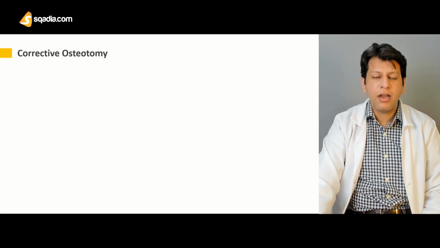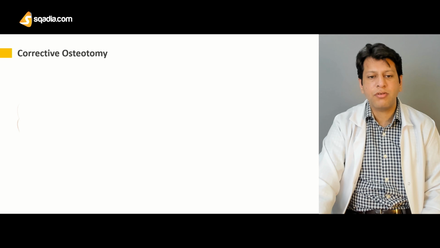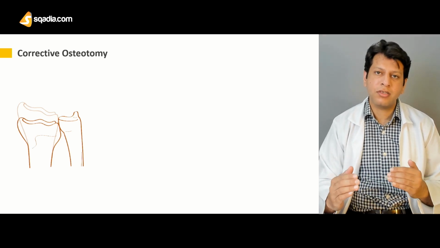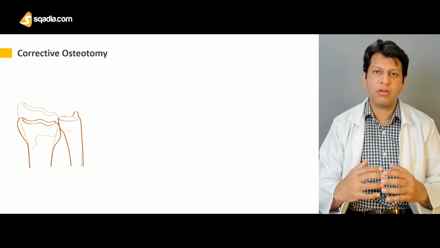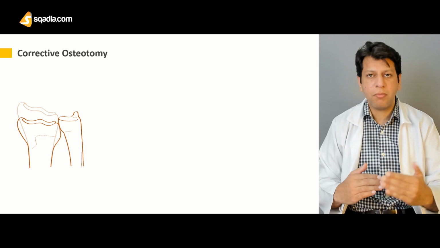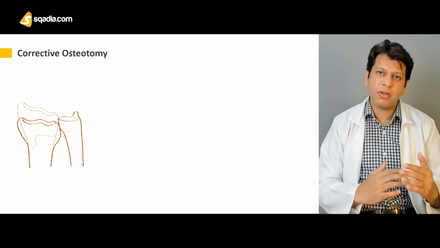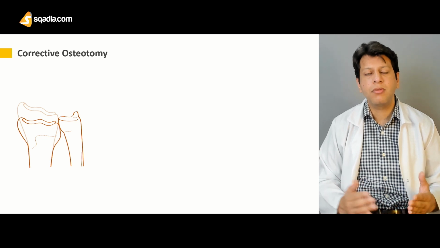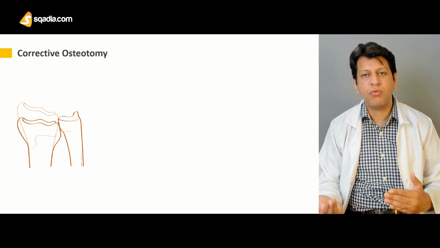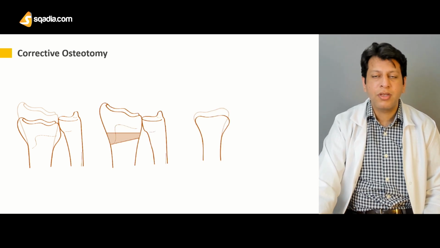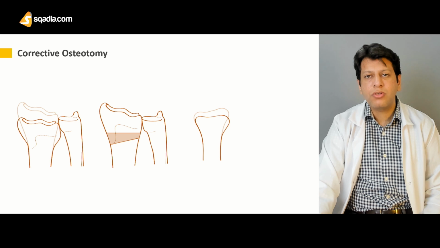Now if the same child usually comes after 10 years of age, then sometimes the physis has already grown, and the problem is not the physis, because now the physis has already quite matured. The problem is at the bony level. Therefore, once we have genu valgum after 10 years of age, we will have to go for some form of osteotomy, that is a bony procedure. Why is this bony procedure required?